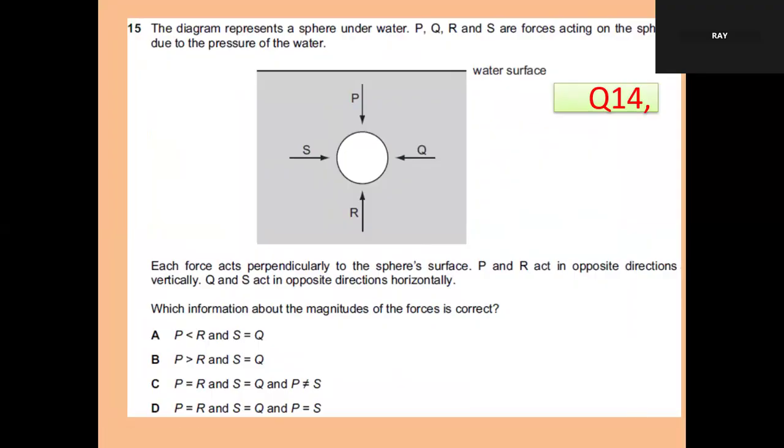What's the answer for this one? Pressure at R is greater than pressure at P. Pressure at S and Q is the same.